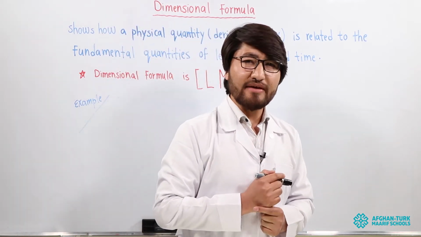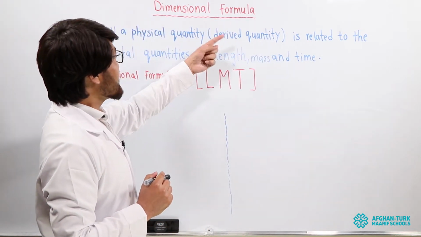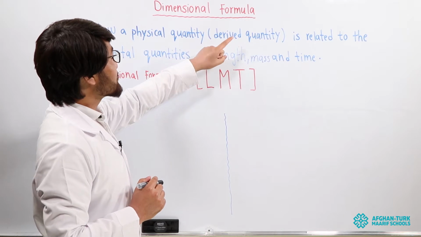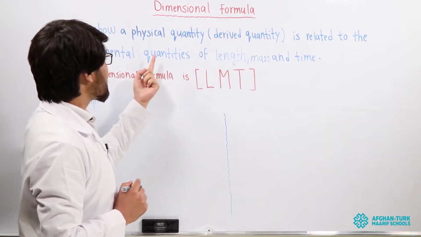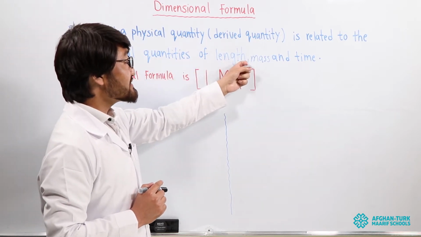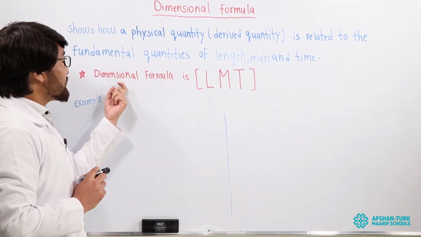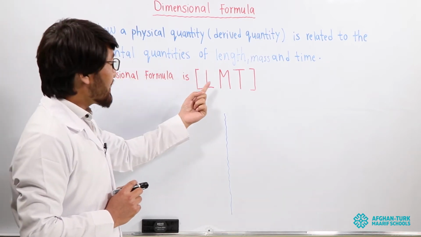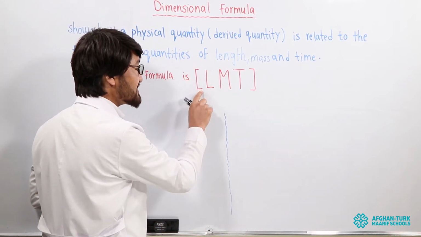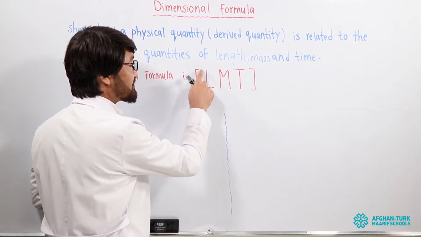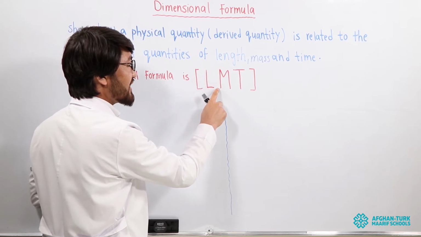We have 7 fundamental quantities, but the dimensional formula shows the relationship between a derived quantity and the fundamental quantities of what? Length, mass, and time. The dimensional formula is LMT, written in brackets.